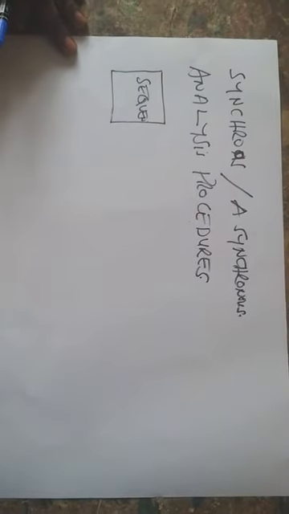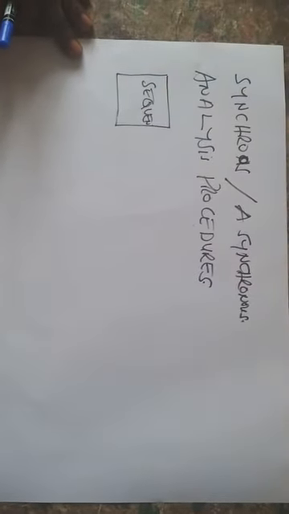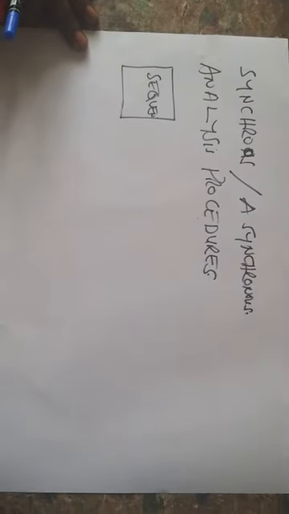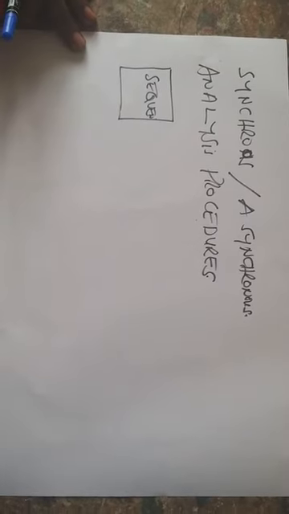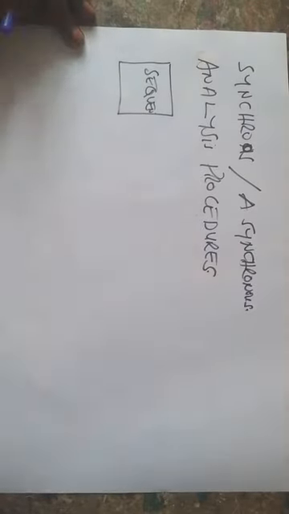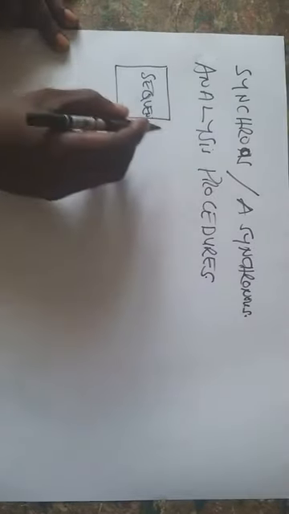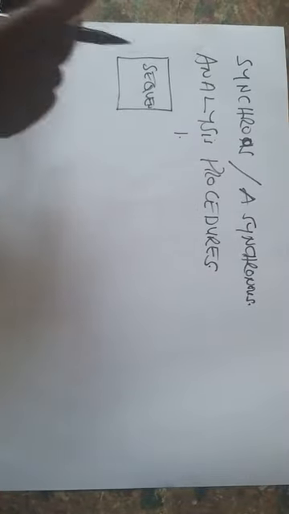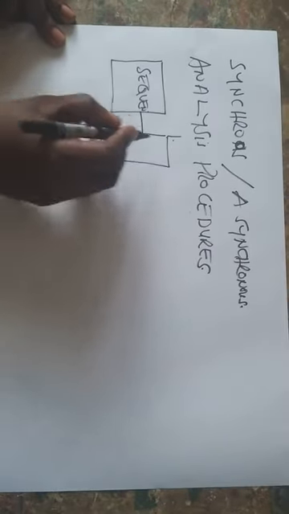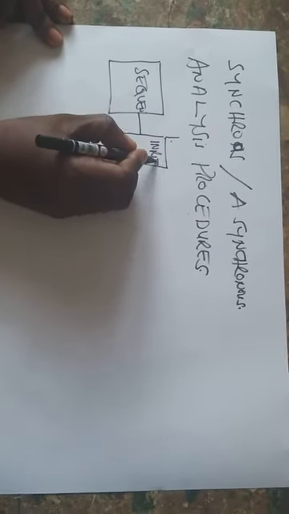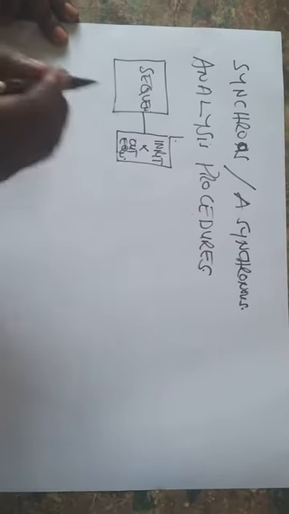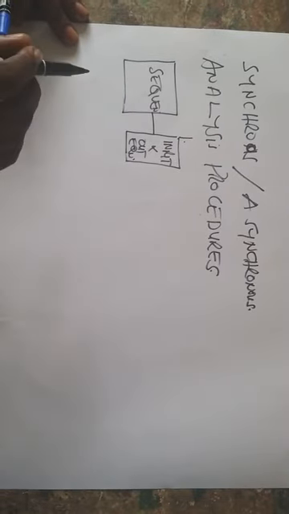So the first thing we do in analyzing the behavior of a sequential circuit is to write the input equation and then the output equation of that sequential circuit. The first thing I do is to write the input and output equation.